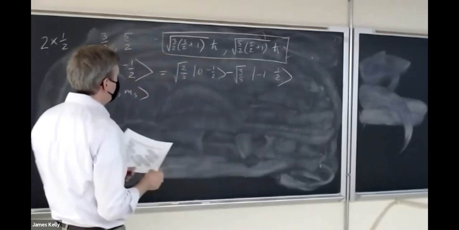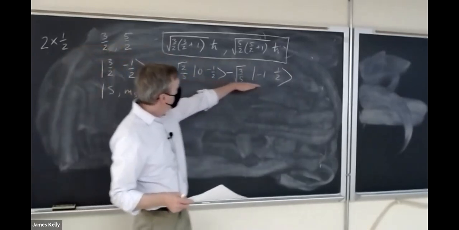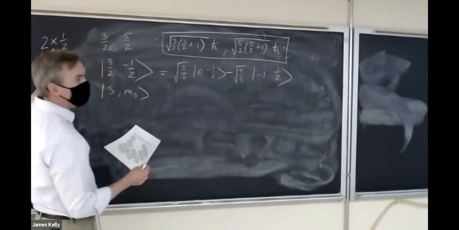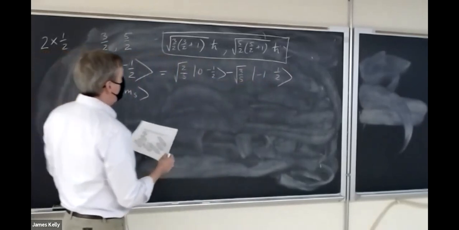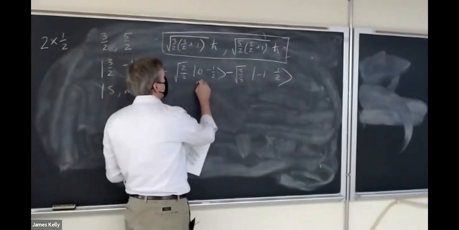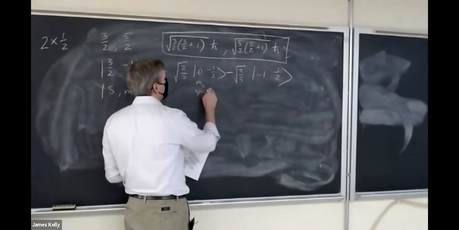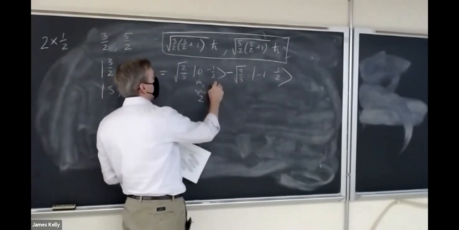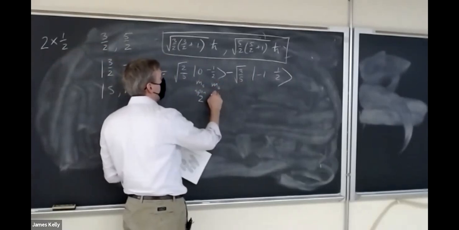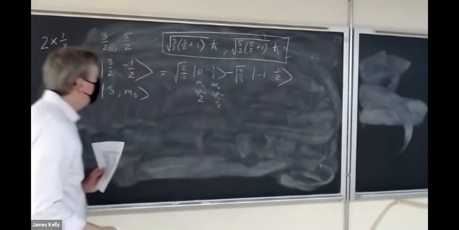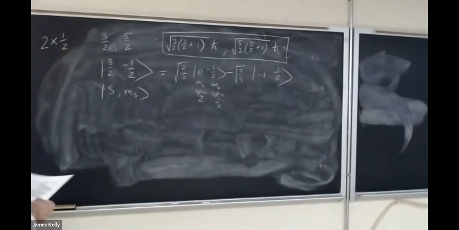These were read from the horizontal part of the table because we're in something labeled as 2 cross 1/2. That means this is m sub s of the spin 2, and this is m sub s of the spin 1/2. Same thing over there. So that's how to write it as a linear combination of those two states.